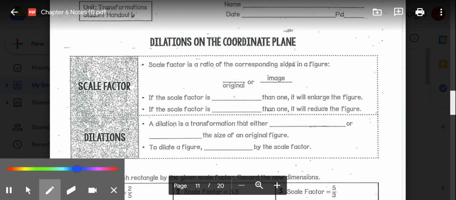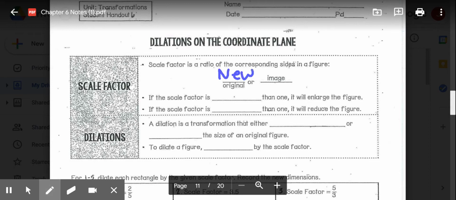And the way that we can find that scale factor is by dividing the new by the original. Or you could also think of that as dividing the image by the pre-image. Remember, pre-image is just another word for our original figure. So that's how we're going to find a scale factor if we need to.